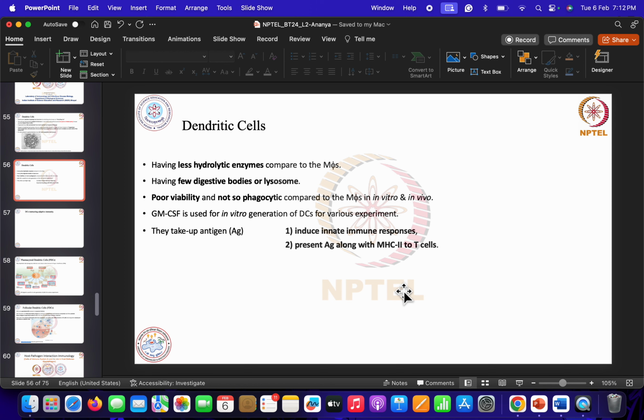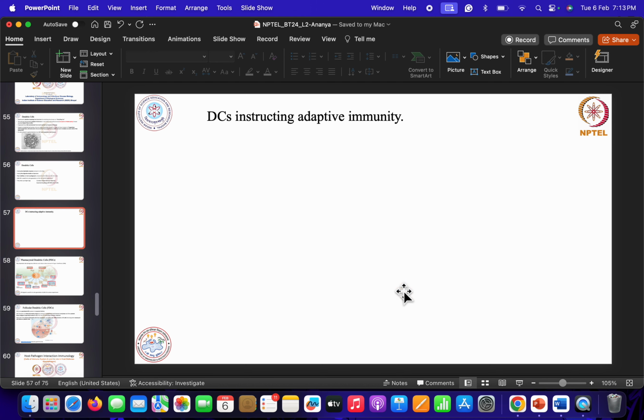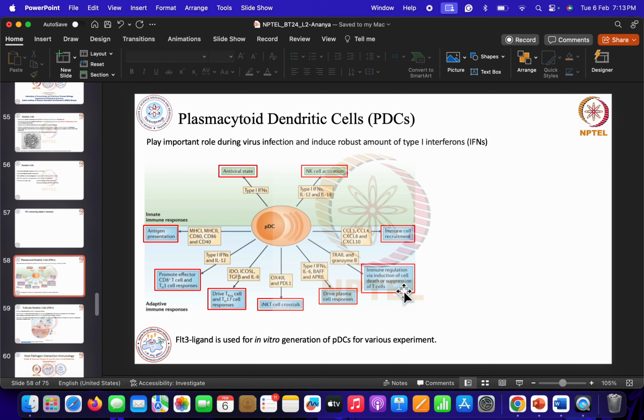So these are the functions of dendritic cells: they take up antigen, induce innate immune responses, and then present those antigens with the help of MHC2 to T cells. So dendritic cells instruct adaptive immunity.